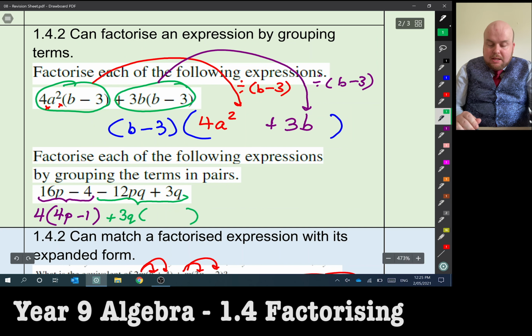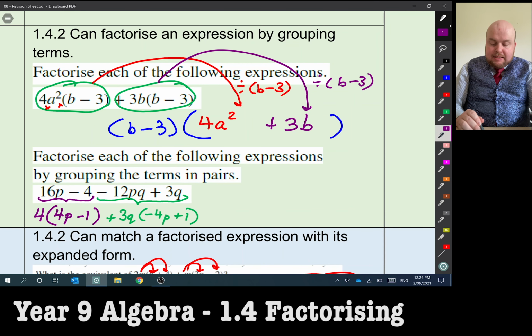Positive 3Q times negative 4P will give negative 12PQ, and positive 3Q times 1 gives positive 3Q. But notice that my 2 brackets aren't the same here and here. This is 4P take away 1, whereas this is negative 4P plus 1.